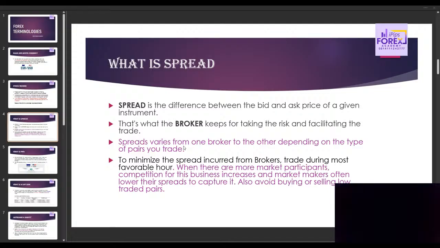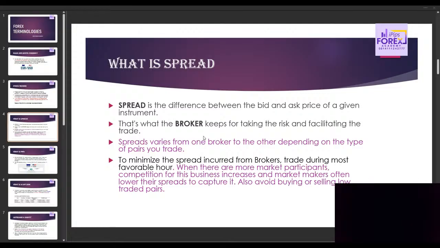So if you trade the currency at the session when it is active, when there are more participants in the market, then the spread will what? It will reduce. It is like saying you want to sell something to someone at, let's say, 1450, but they want to buy 100 pieces. You can just reduce it to 1440 or 1430.